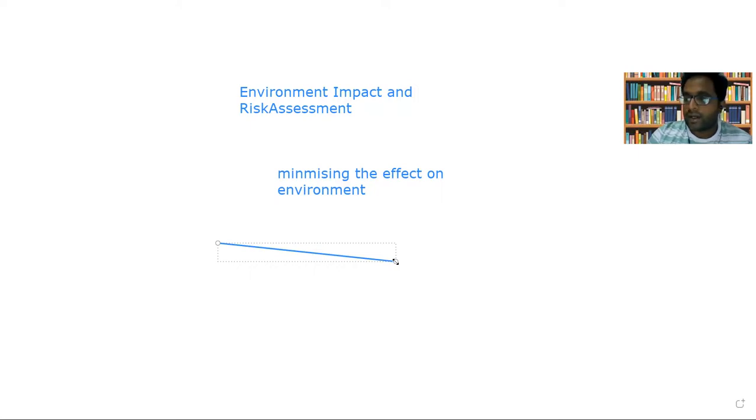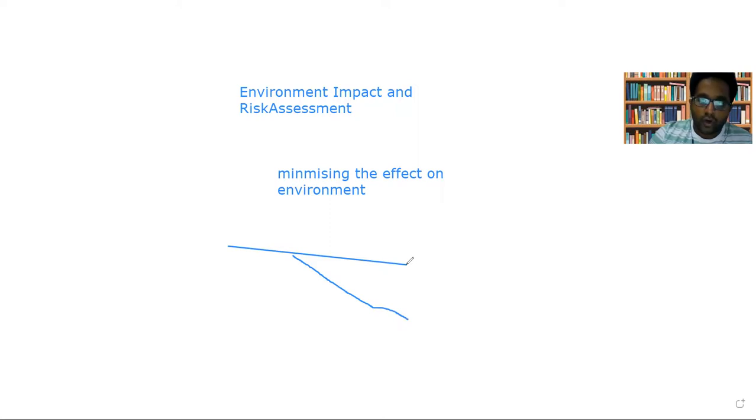If no impact assessment is done, this is the normal environmental condition going on. You have decided to start some kind of activity. For example, you have decided to start a mining project. Okay, so what will happen? Due to this mining project, some amount of impact will be caused to the environment.